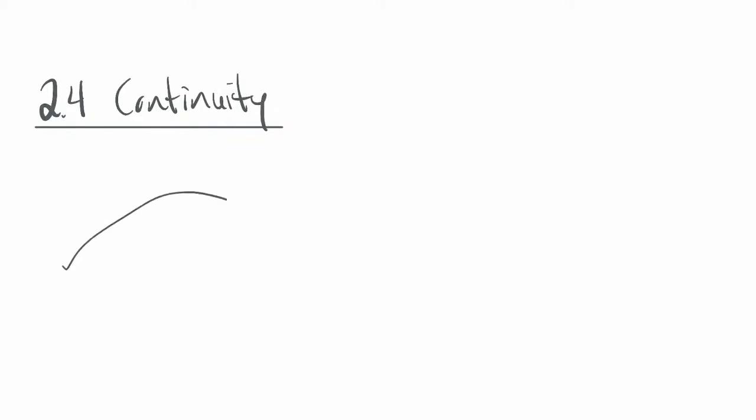Let me get the pen out. One smooth curve that you can draw. That's not technically correct, but that's one way of thinking about it, that you can draw it in one motion without lifting your pen or pencil. But of course, there's more detail than that. So let's talk first about continuity at a point.